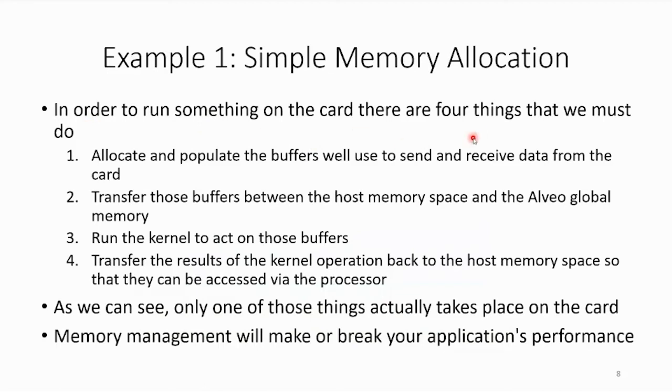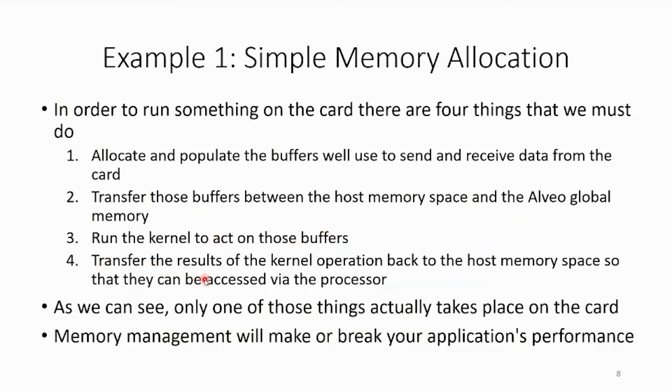In order to run a function on the FPGA, we need to do four things. The first one is to allocate and populate the buffers so we can send and receive data from the FPGA. Second, we have to transfer the buffers from host memory to FPGA global memory. The third is to run the kernel.